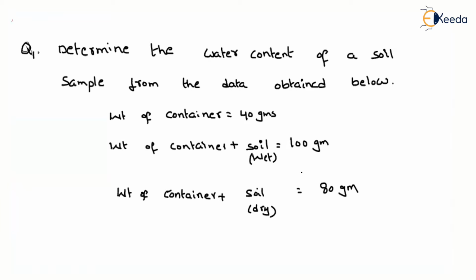So first we should know the formula of water content. If I express water content, I can write it as the weight of the water divided by the weight of the, it is not the soil, it is nothing but the solids.